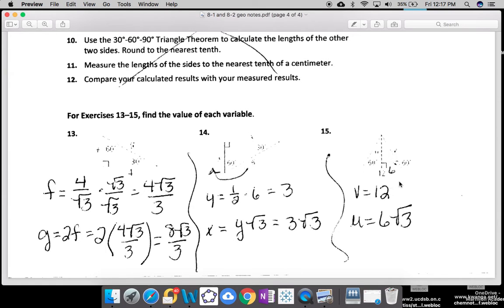And the whole length of this equilateral triangle is 12. That means half of it is going to be 6, which means my hypotenuse here is going to be twice 6, which is 12. And that means my altitude here, or my long side of the 30, 60 right triangle, is going to be 6 square root of 3.